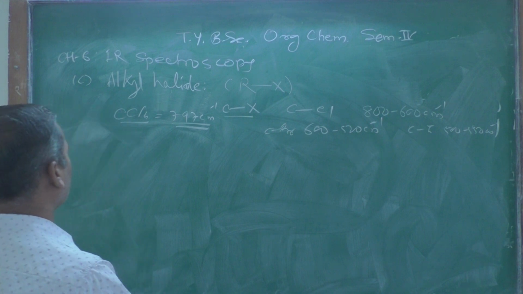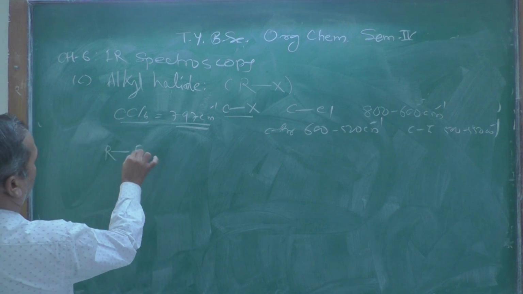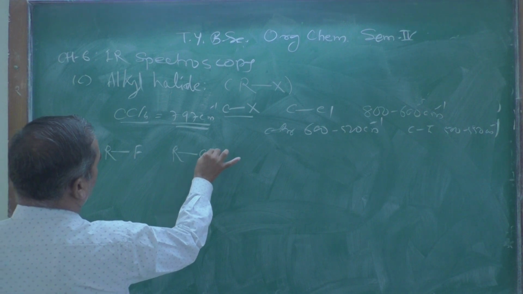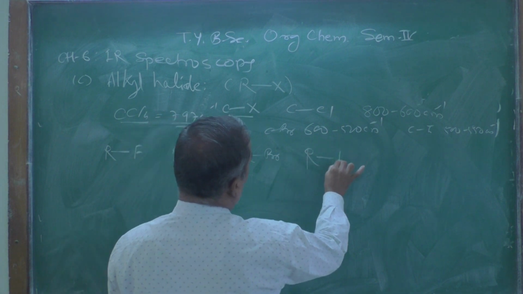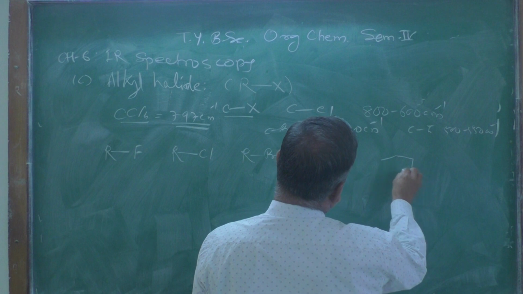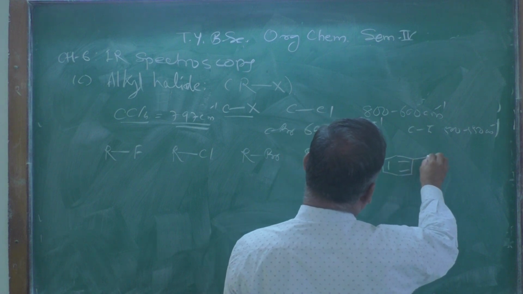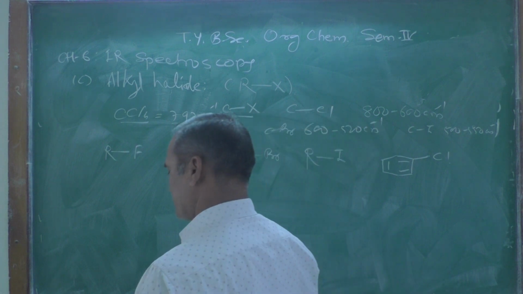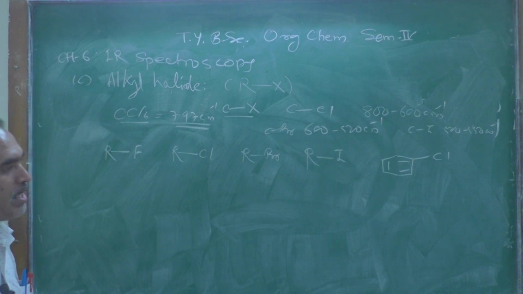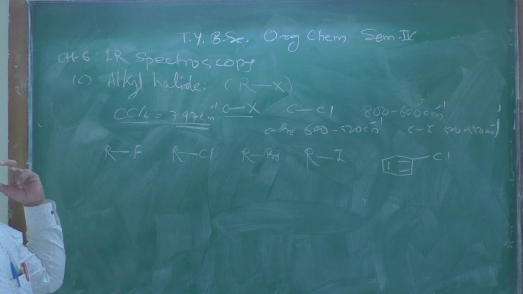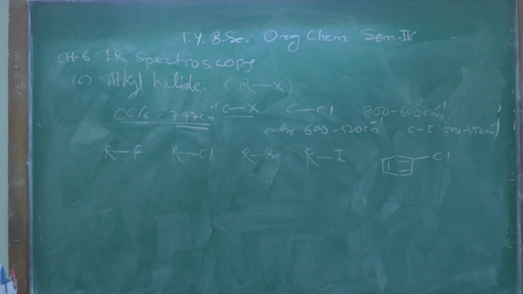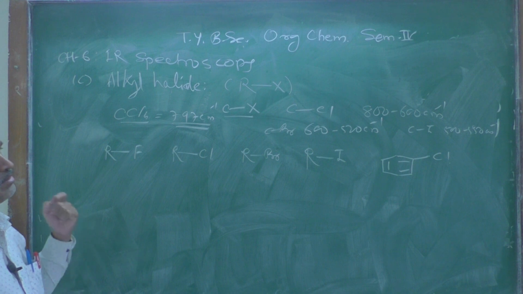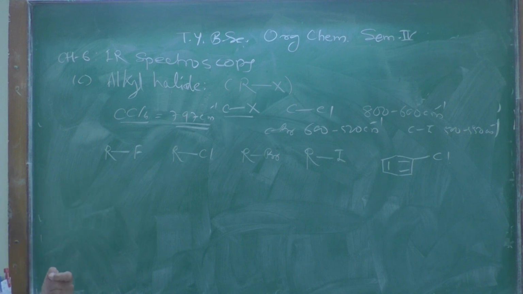Let's see over here. Suppose we have RF meaning fluorine, R-Cl, then R-Br, and R-I, or we can see an aromatic compound with Cl. Suppose these are some of the compounds which I have drawn here. Let's see the peak due to the carbon halides.